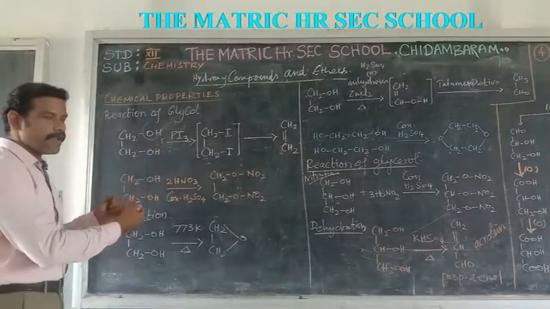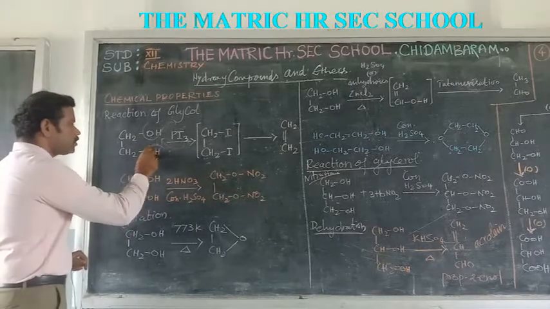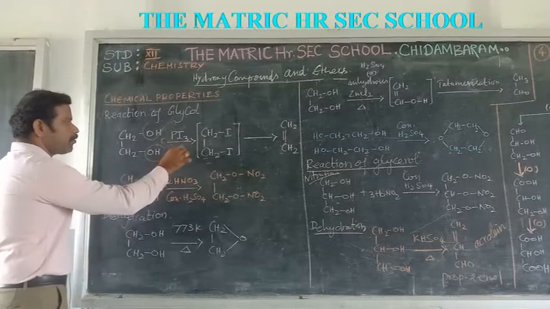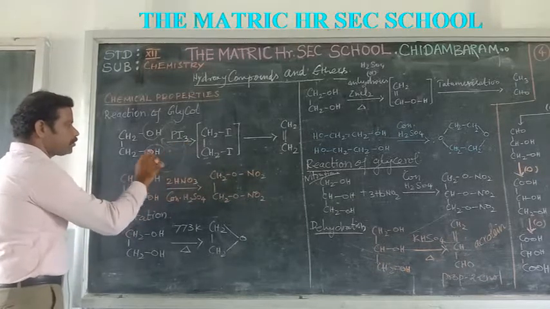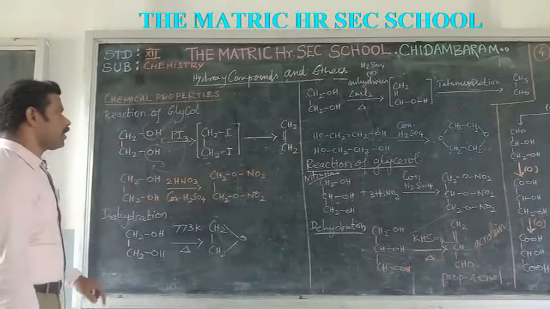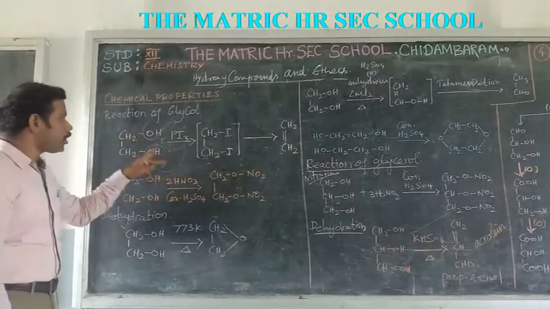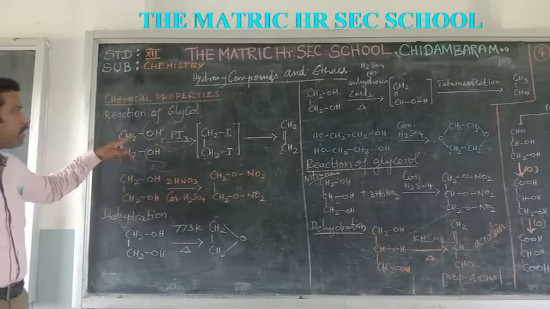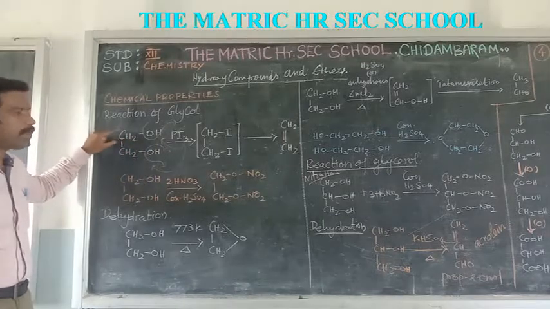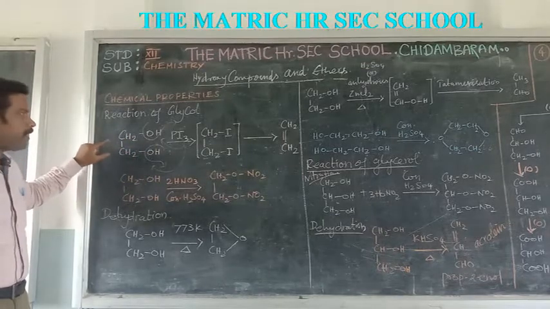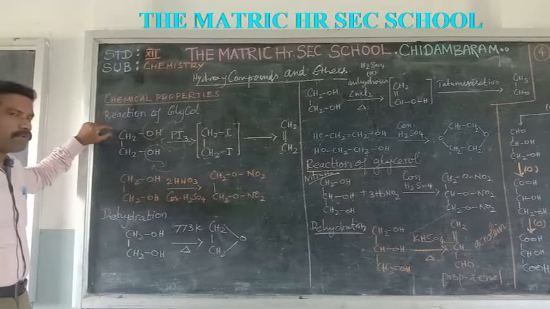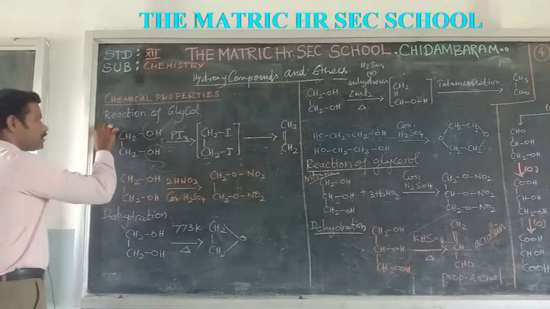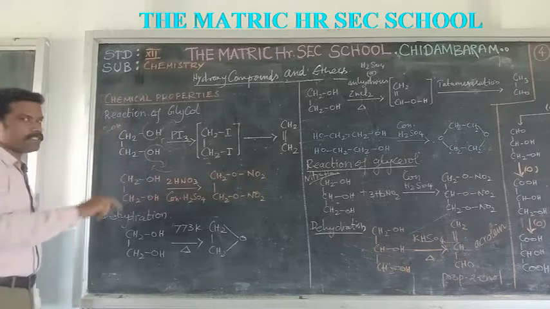In the same way, the other hydroxyl group is removed and another iodine is substituted at this position. Why are two iodines substituted on the first carbon and the second carbon? Because the first carbon is primary alcohol in nature. Do you know primary, secondary, tertiary alcohol?